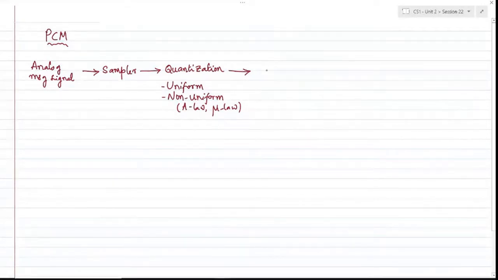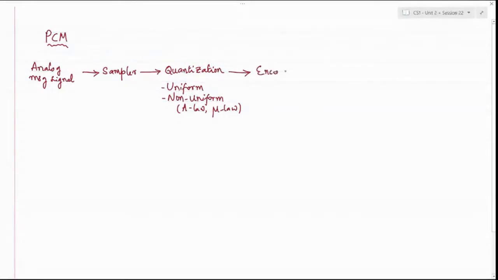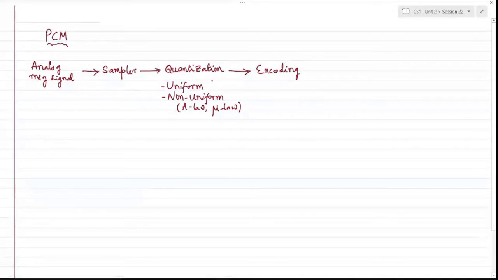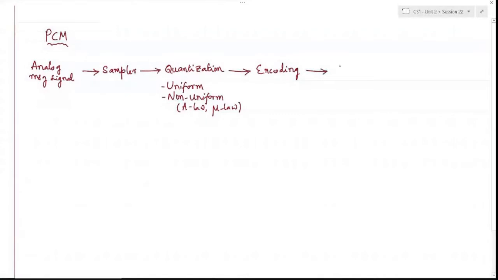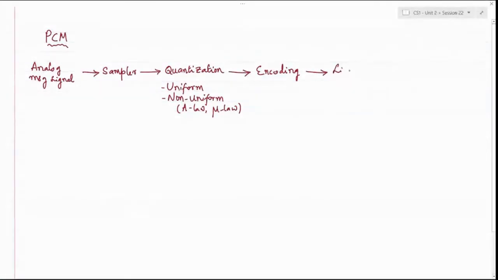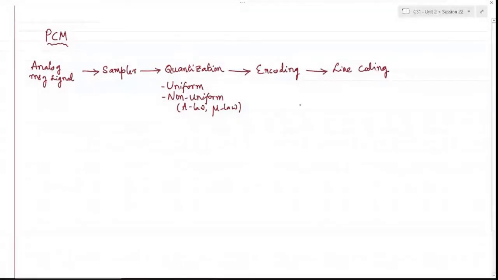And the last step of this PCM system is the encoding process, where all these discrete time, discrete amplitude samples are encoded using a binary waveform coding system. And finally, these bits are further converted to an analog waveform using a process called the line coding technique.